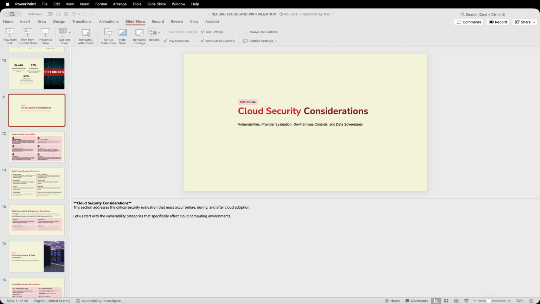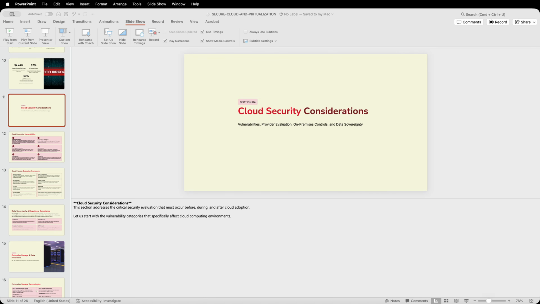Now, let's start with the vulnerabilities related to the cloud. The first one is about authentication attacks and cloud authentication systems. Both of these are frequently targeted through cross-site scripting, cross-site request forgery, credential stuffing, and session hijacking.